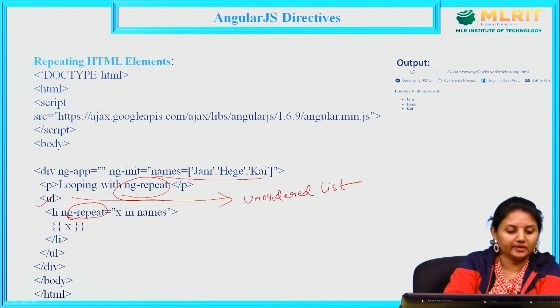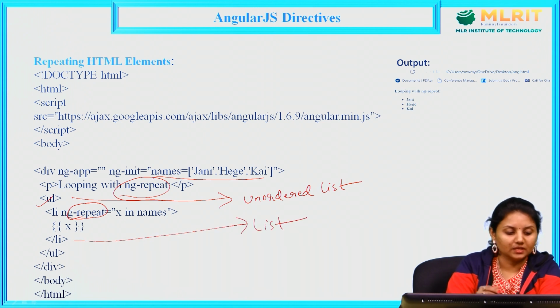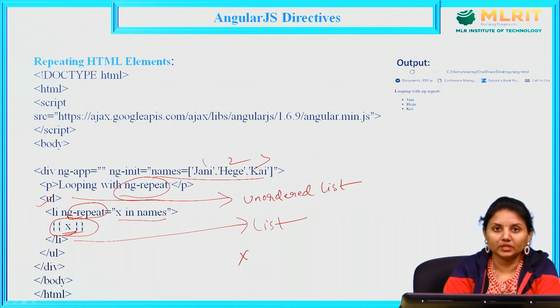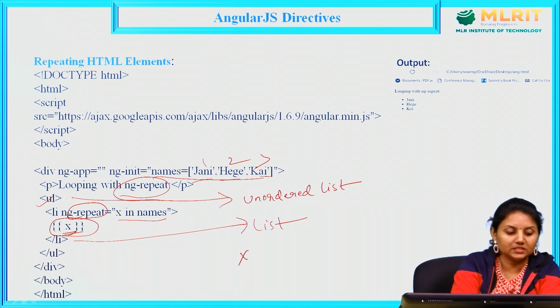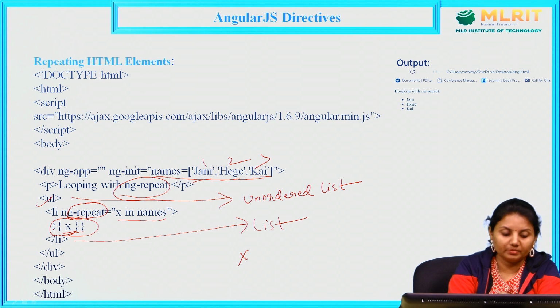Okay, in this unordered list you will be given a list item, and here you are giving ng-repeat x in names. What is x? The expression. x is the expression. In names, how many names are you giving? 1, 2, 3. So what will be the output? All the 3 names, this x will get repeated multiple times in names. In is a default keyword. Names means that you have initialized that with the names.